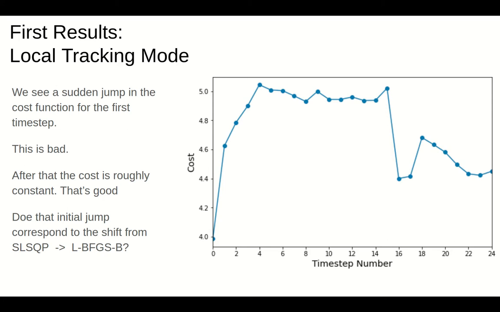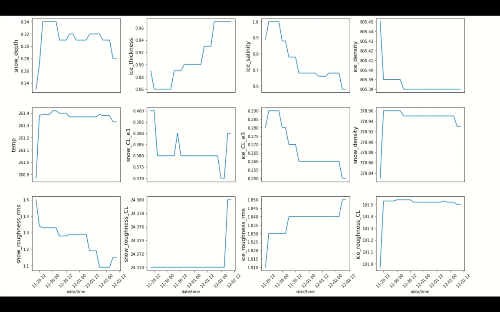So here are the time series results from the local tracking mode. You can really see for the temperature and the snow depth and ice density and snow density and ice roughness that there is an initial jump. And again, I'm hoping that'll disappear when I use a consistent local minimization algorithm for the 2 phases.